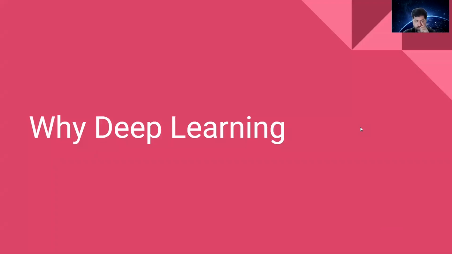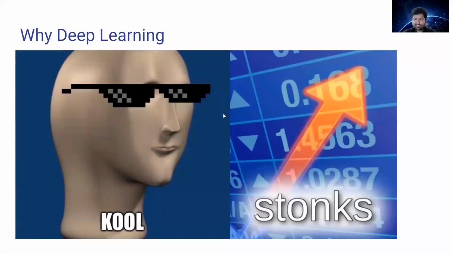So the next question is, why do we do deep learning? This is a very common question. First of all, it's cool, because lots of people are doing it, there are cool breakthroughs going on, and there is a lot of hype in this field.